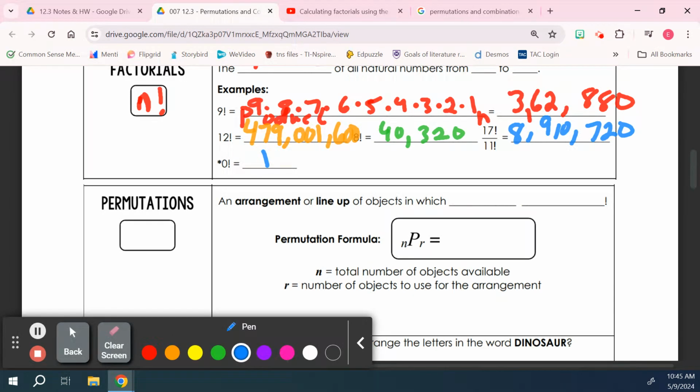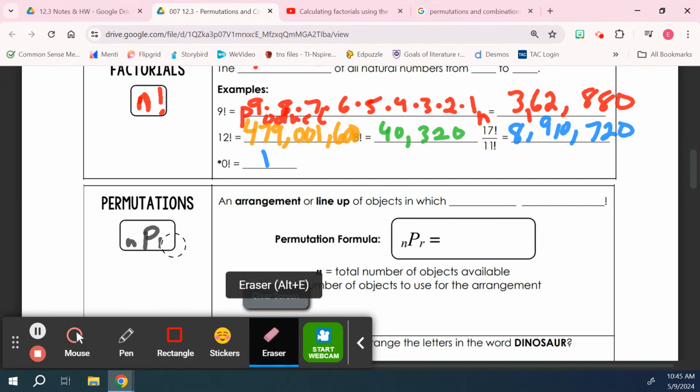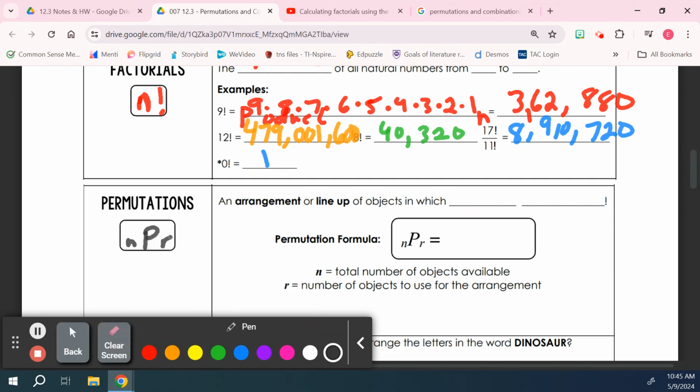So, let's talk about permutations now. Permutations take on nPr, and you're going to find these using your calculator in the same spot you just found your factorial. An arrangement or lineup of objects in which order matters.